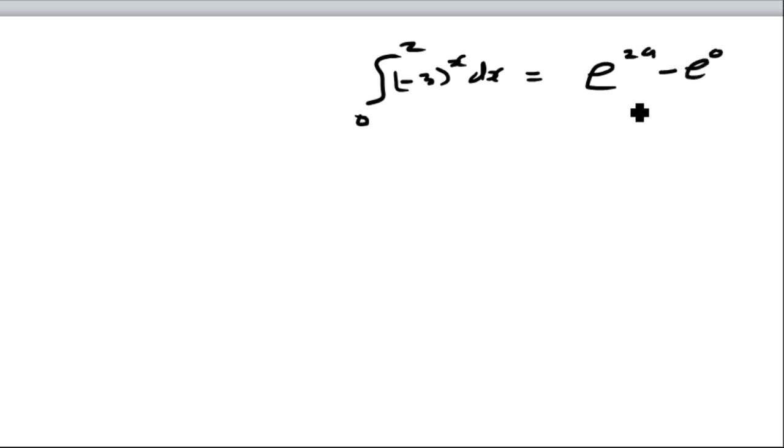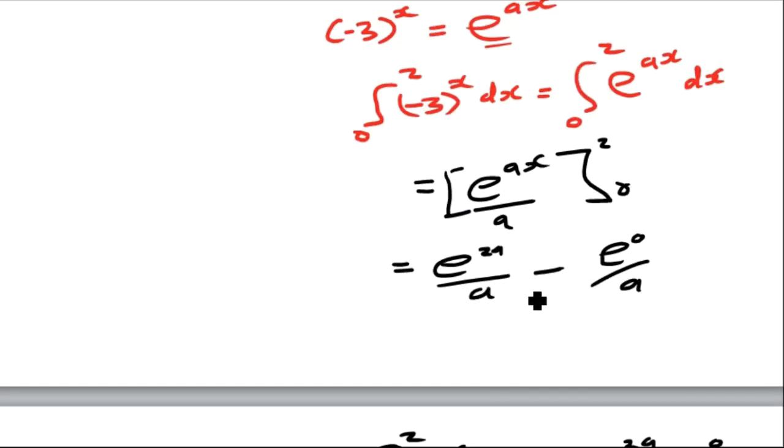We found the integral from 0 to 2 of negative 3 raised to power x with respect to x is exponential 2a minus exponential 0 over a. Remember, a here is like a common denominator. If you simplify that, a is the common denominator, then it is exponential 2a minus exponential 0.